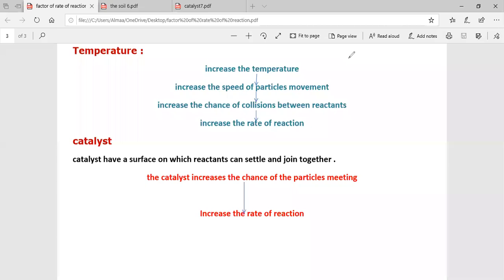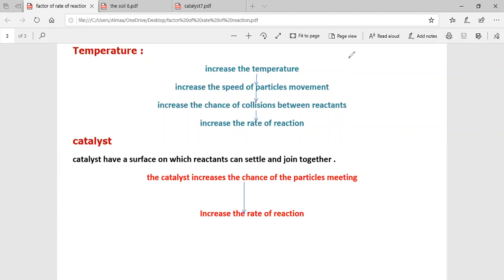What's the meaning of catalyst? Okay. It is a substance that is added to the reactant to increase the rate at which they react. Okay, very good.